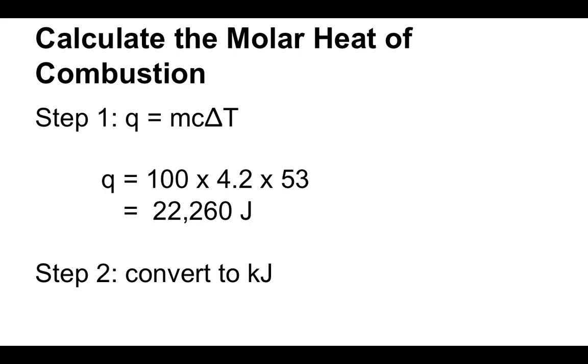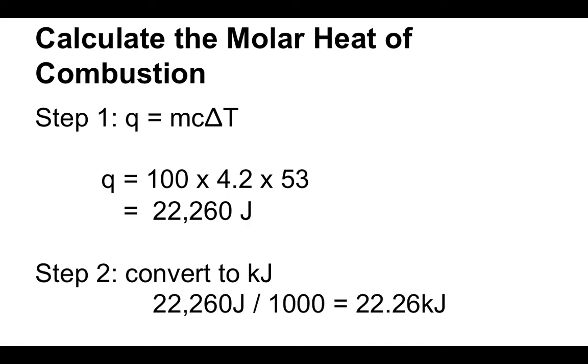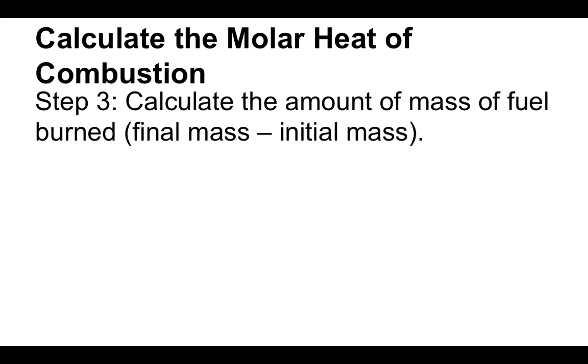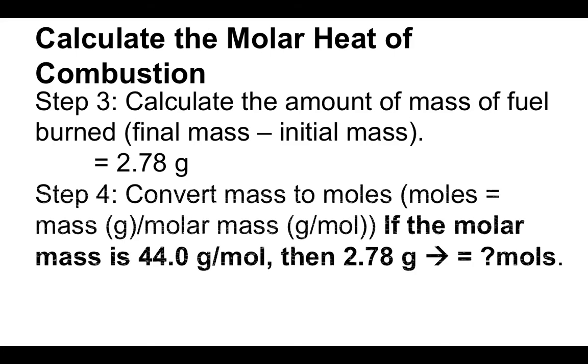Step 2, we want to convert it to kilojoules, so we're going to take that number, divide by 1,000, we get 22.26 kilojoules. Step 3, we need to calculate the amount of mass of fuel burned, and I just stated what it is. It's 2.78 grams. Here's step 4. You need to convert the mass to moles. So moles equals the mass divided by molar mass.